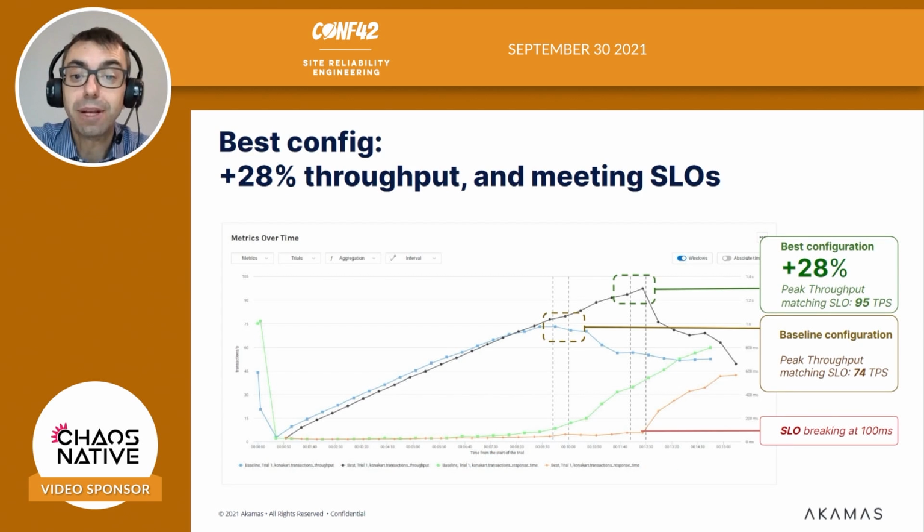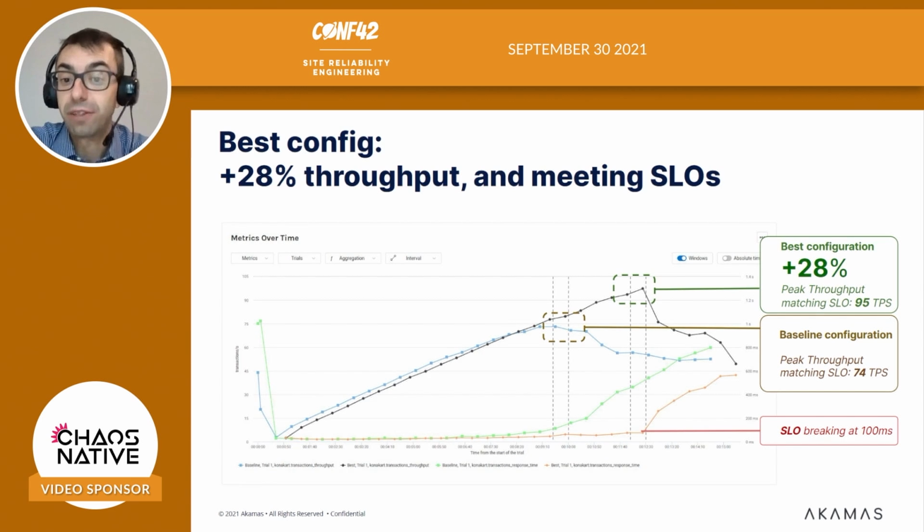Let's see the results machine learning achieved for this optimization. This chart shows the service throughput and response time under increasing levels of load during a load test. First of all, consider the blue and green lines representing the microservice throughput and response time for the baseline configuration. As you can see, the baseline configuration reaches 74 transactions per second before violating the 100 milliseconds limit on response time.